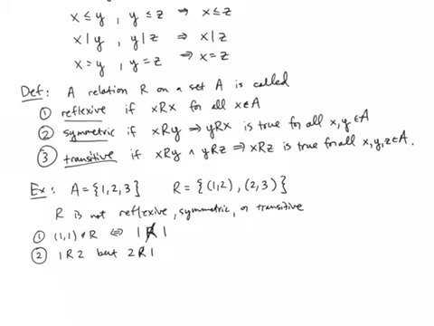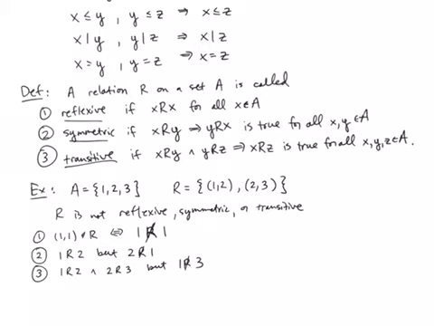So that's not symmetric. And for transitive, we have 1 is related to 2, and 2 is related to 3, but 1 is not related to 3. Okay, so your relation doesn't have to satisfy any one of these conditions.